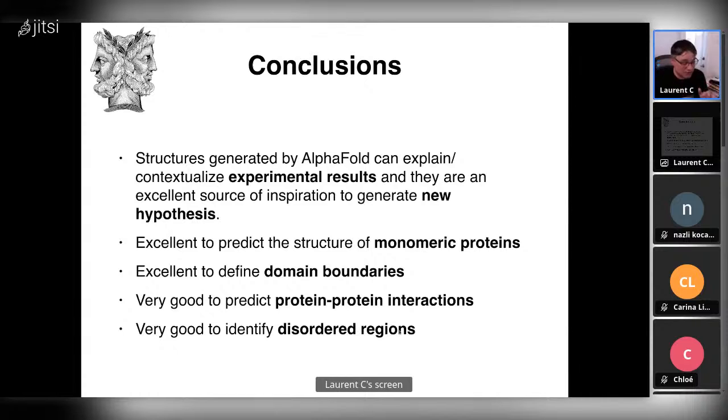So we typically launch big screens in the lab, and we're able to generate those hypotheses knowing which protein our protein of interest is interacting with. They're excellent to predict the structure of monomeric proteins, excellent to define domain boundaries, very good at predicting protein-protein interactions, and to identify disordered regions.